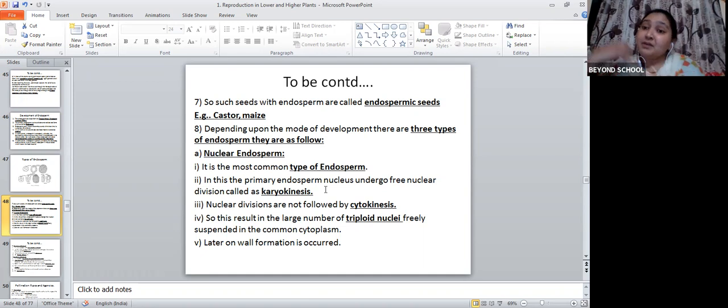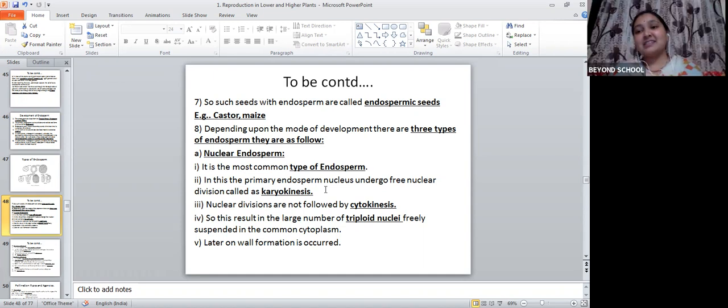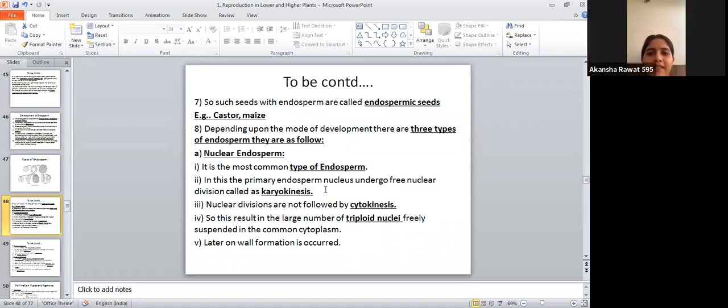Depending upon them, mitosis and meiosis have started. That is karyokinesis and cytokinesis. Now you should remember this, Akansha, that in cell division we definitely have mitosis and meiosis, but mitosis and meiosis also come from karyokinesis and cytokinesis.